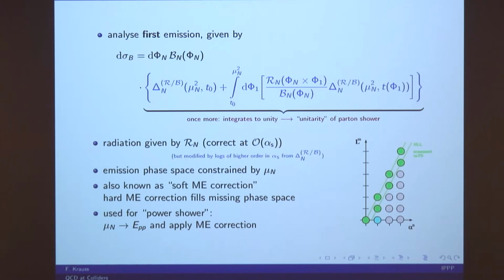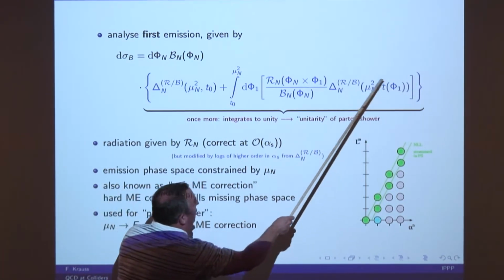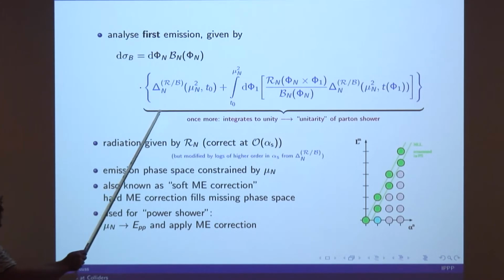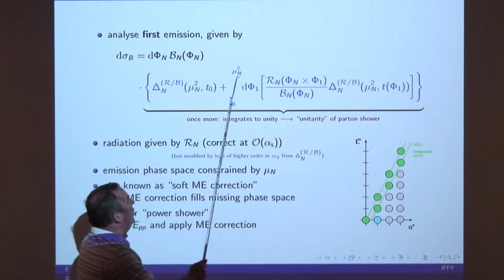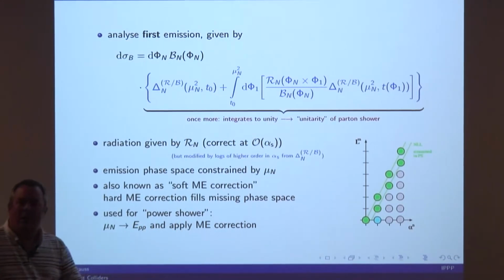Now, what happens here also, and now we come back to unitarity, is that this thing here is a 1. Yeah, this is a 1 because either something is emitted or not.